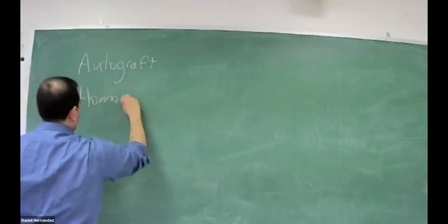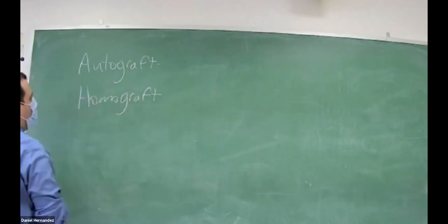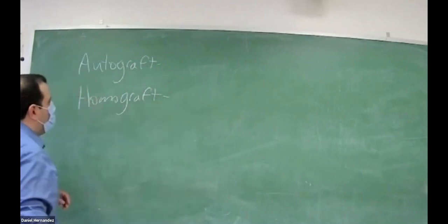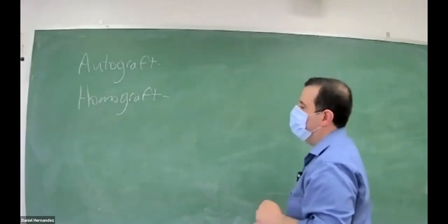Homograft. What's the difference between the two, or what's the same about both of them? They're both from human tissue. Both from human tissue, good. So what's an autograft? From the patient's own tissue.